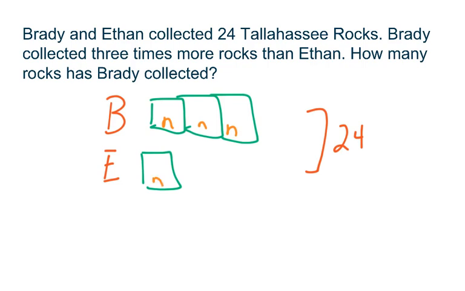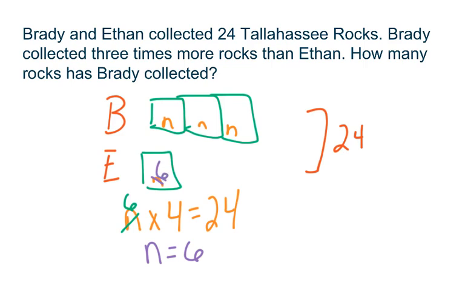So when I'm solving for n, n times 4, because there are 4 n's, is going to be equal to 24. I counted up my n's and there were 4 of them. Now I need to think about multiplication. 4 times what gives me 24? I know that 4 times 6 gives me 24. So n is equal to 6. I'm going to replace all these with 6's.